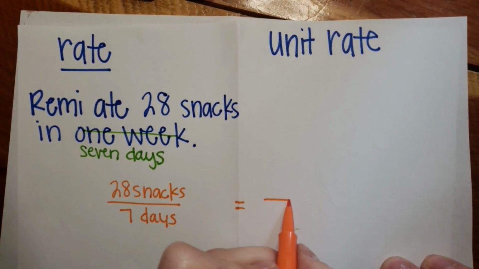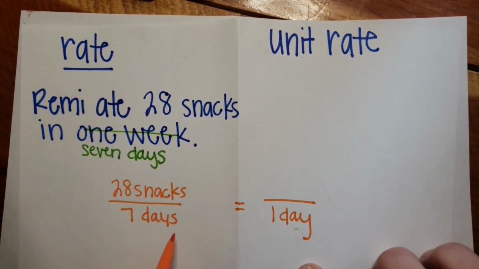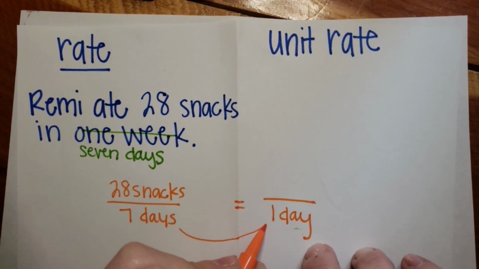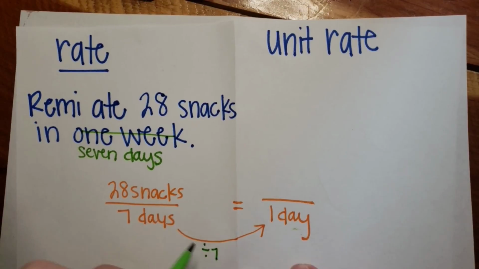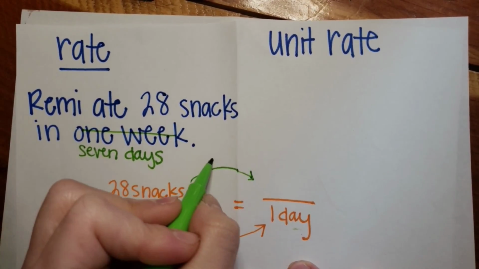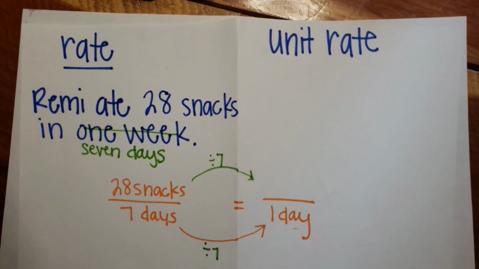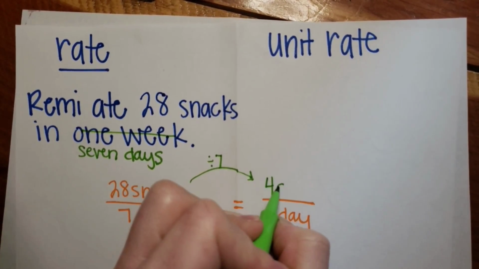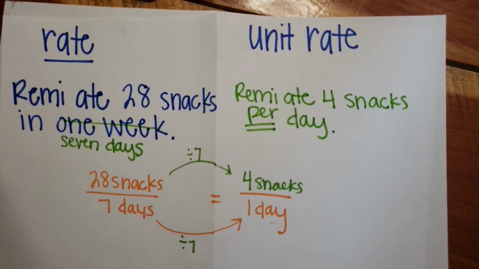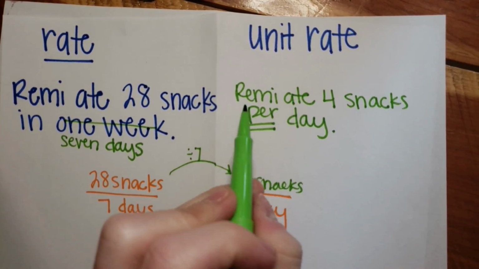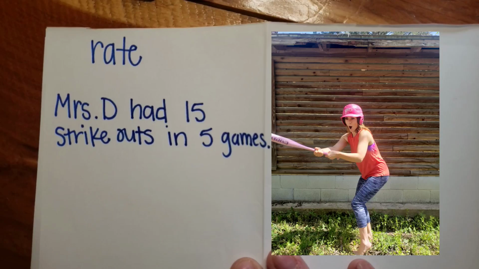Solve for the unit rate, get down to 1 day. So how do I get from 7 to 1? I hope you said divide by 7. So 28 divided by 7 is 4. 4 snacks. So my unit rate sentence is Remy ate 4 snacks per day.